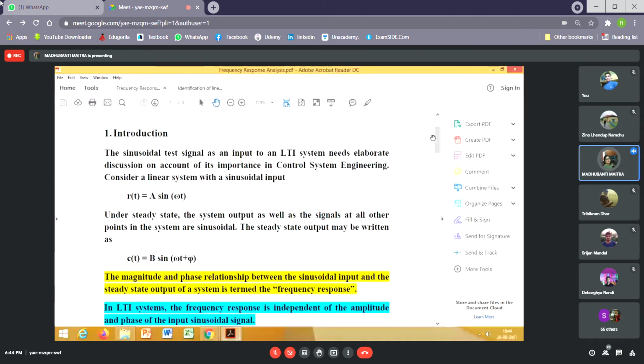In time domain, the typical test signals are step, impulse or ramp, and in frequency domain, the typical input is a sinusoidal input. So that's why this method is a frequency domain based technique, and the test signal is of the form sin(2πft). Because of this f, this is a frequency domain based technique.